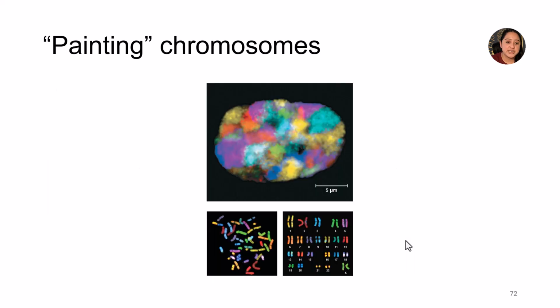And so this is showing how you can apply different stains to paint different chromosome sets different colors. And then this is how you would make a karyotype. You can apply these different things to mark where certain chromosomes are restricted to, so they don't get tangled. And then if you were to break open this nucleus and spill out all the chromosomes and match them up, then you could see, okay, this is the set of chromosome 1.